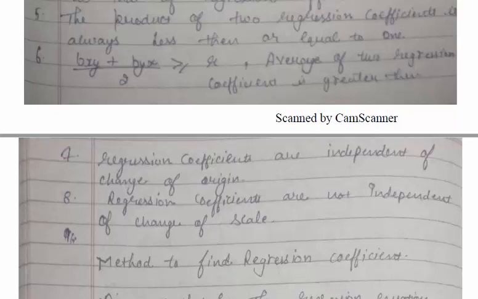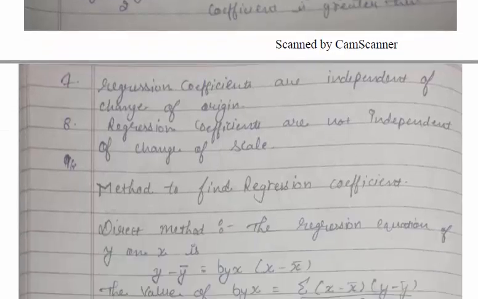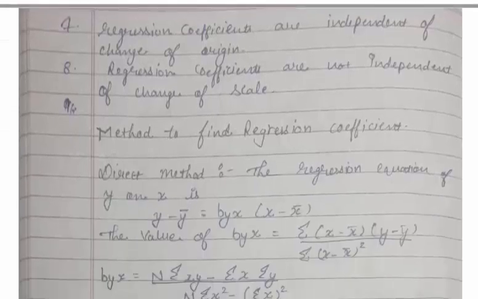The product of two regression coefficients is always less than or equal to unity. Next, the average of regression coefficients is greater than the correlation coefficient. Next, regression coefficients are independent of change of origin.